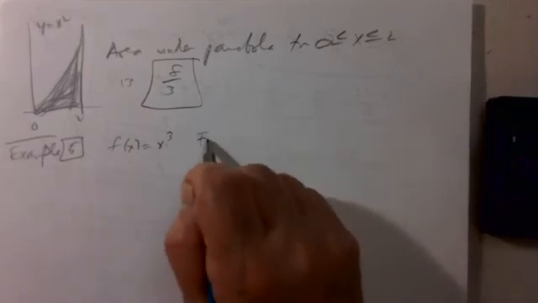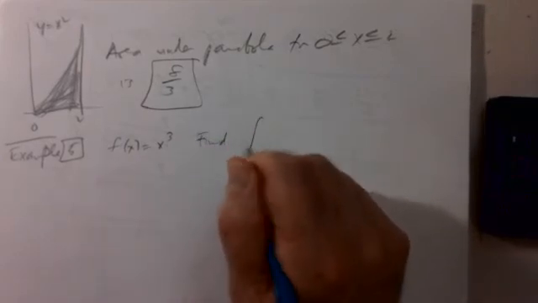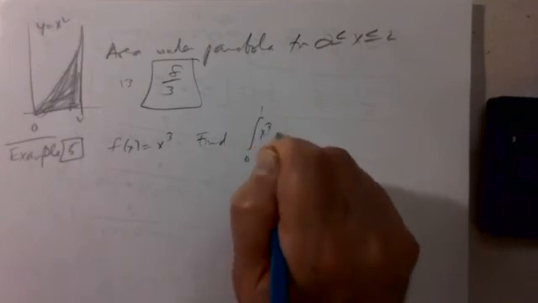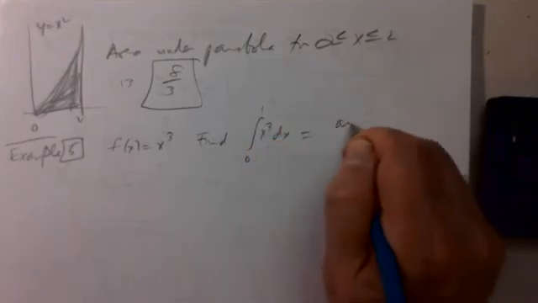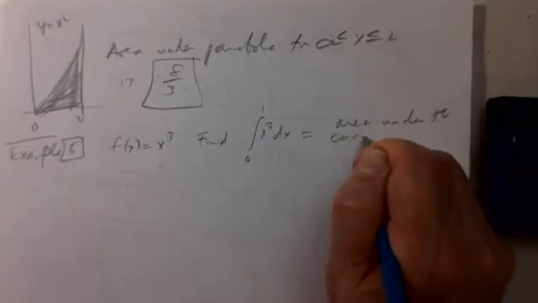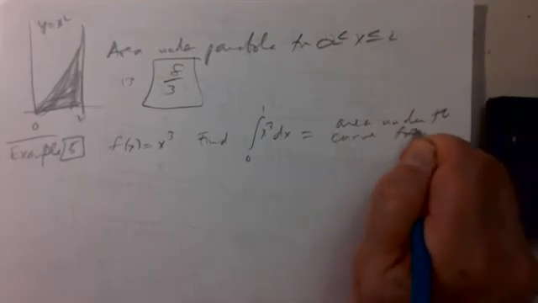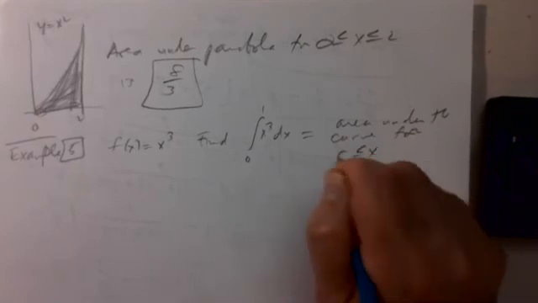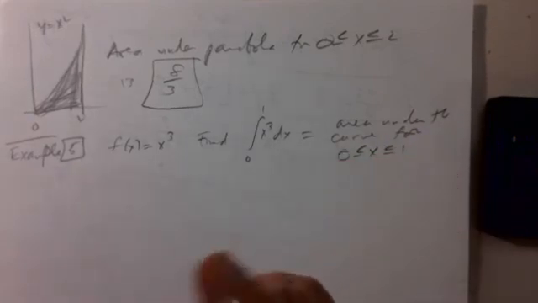And we want to find what I'll write as the integral from 0 to 1 of x cubed dx, which means the area under the curve for x between 0 and 1.